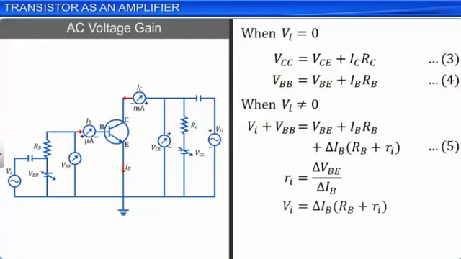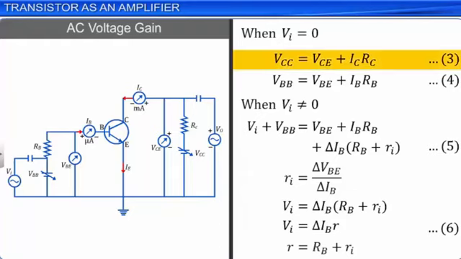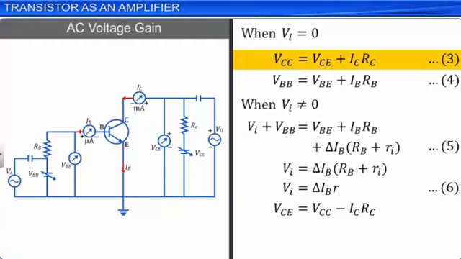On rearranging equation 3 for the output circuit, we get VCE is equal to VCC minus IC into RC. Let this be equation 7. Thus, a small change in VCE, delta VCE is equal to delta VCC minus delta IC into RC. Let this be equation 8.